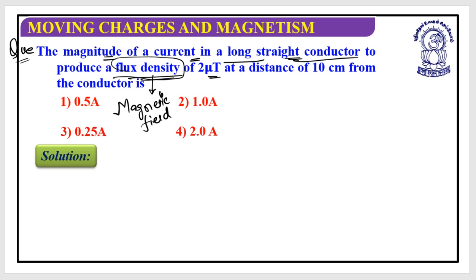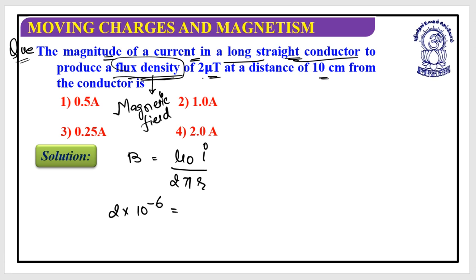B is equal to mu naught I divided by 2 pi r. You want a flux density, that means a magnetic field of 2 microtesla, that means 2 into 10 to the power minus 6 tesla, at a distance of 10 centimeter.